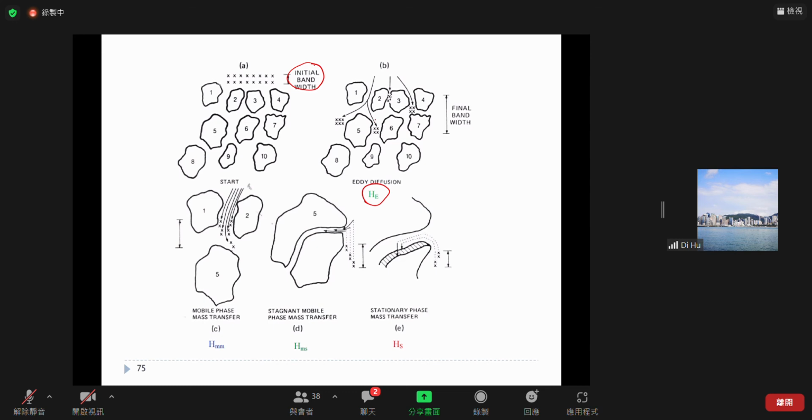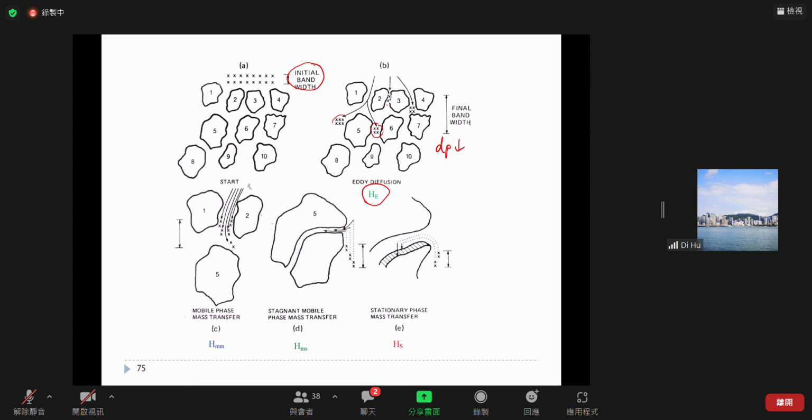Some lucky ones go through the easy way, some very unlucky ones go through the more difficult way and get left behind, and this one is very lucky, so it goes through faster. This gives band broadening from eddy diffusion, which is really related to dP and lambda, right? So we like the smaller dP.